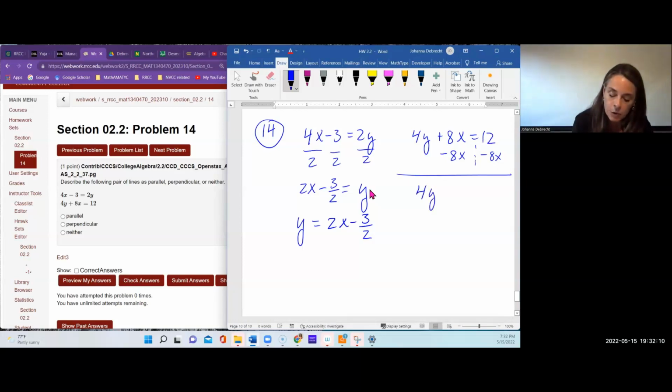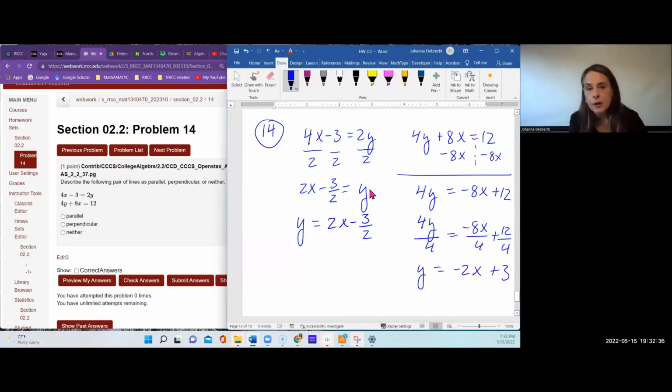I simply get 4y equal, put your variable term first, and then your number term. Then divide all the terms by 4. This gives us y equal negative 2x plus 3.